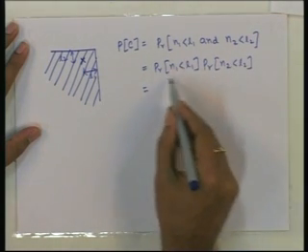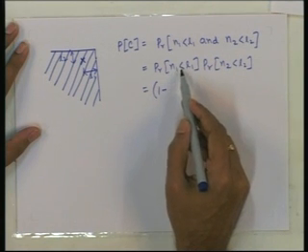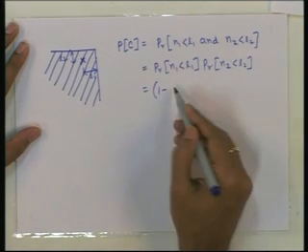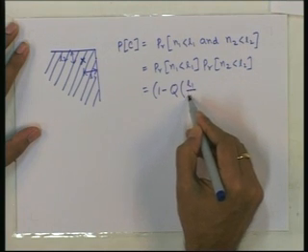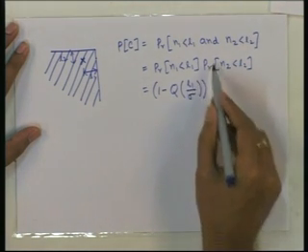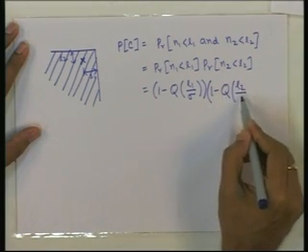And what is this probability? This probability is nothing but 1 minus the probability that N1 is greater than L1, and that is Q of L1 by sigma. And this is similarly 1 minus Q of L2 by sigma.